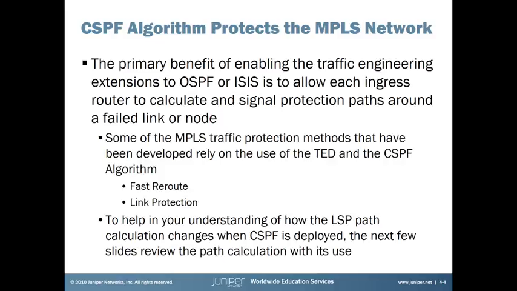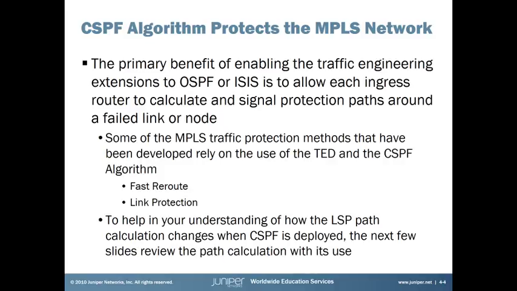Because we need the extended capability of these link state algorithms to build our traffic engineering database so that we can provide MPLS services, and no other IGP does it. It has to be link state. So that's some of the things we can take out of this statement.